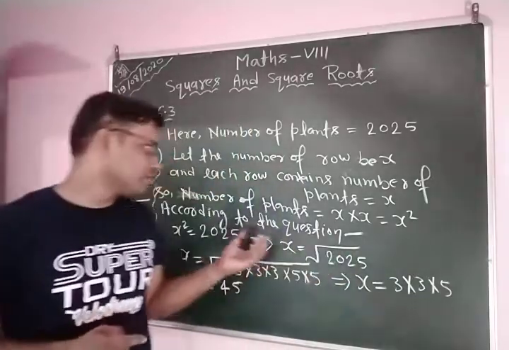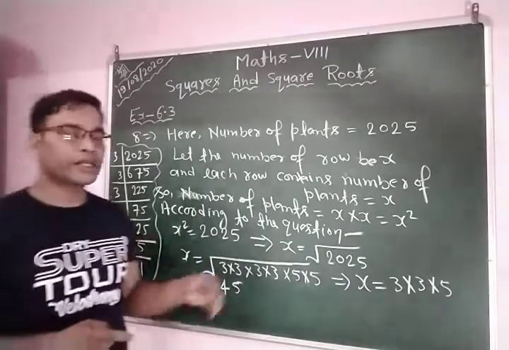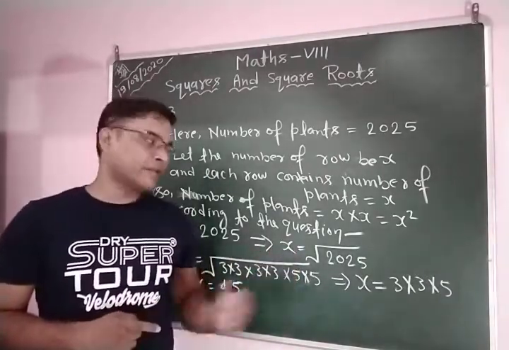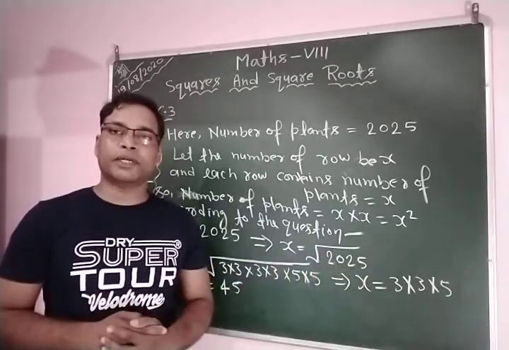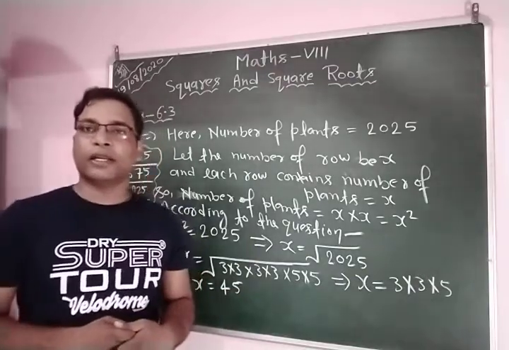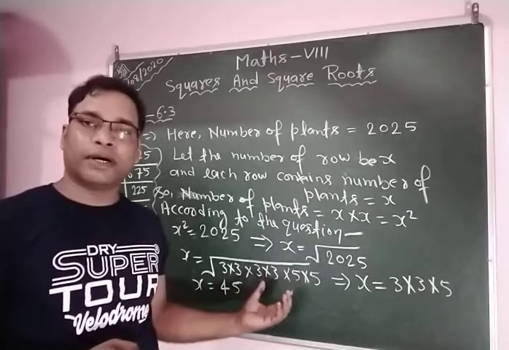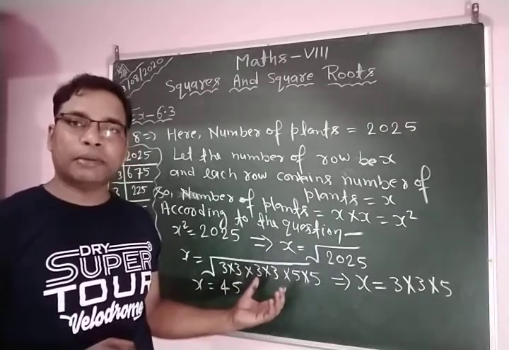So x square is equal to 2025, or you can write x is equal to the square root of 2025. When we express 2025 as a product of prime factors, we obtain 3 into 3, 3 into 3, 5 into 5. So to find the square root, we take one prime number from each pair.